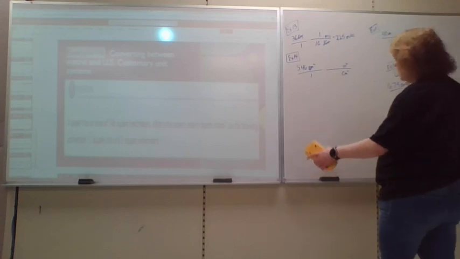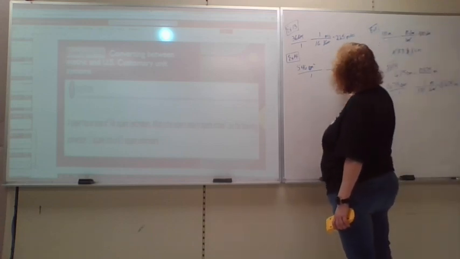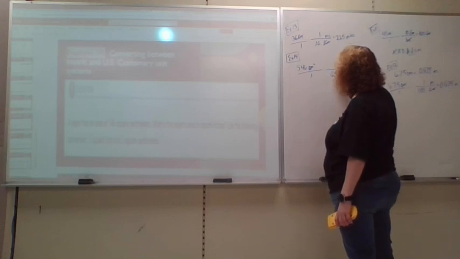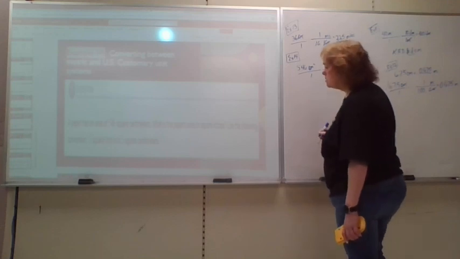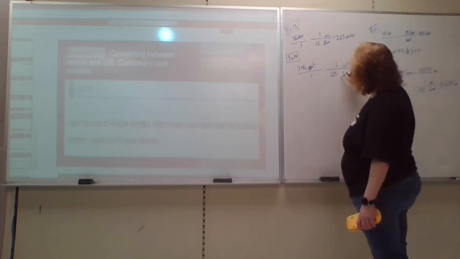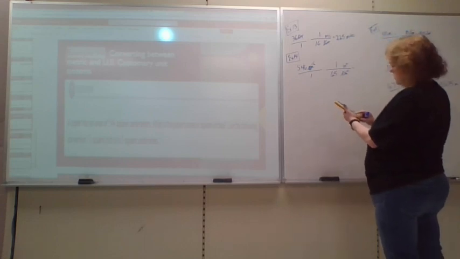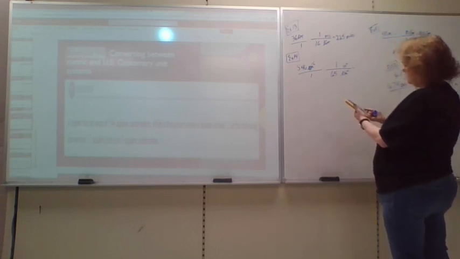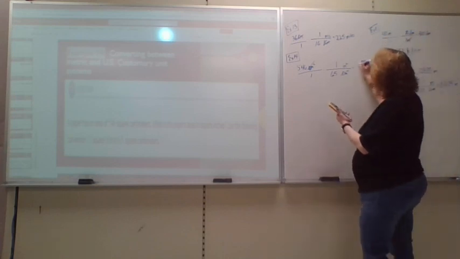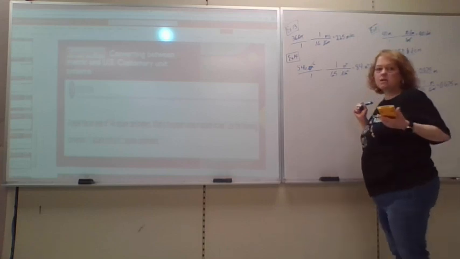It says that 1 inch squared is 6.5 centimeters squared, so that cancels out. And that is 546 divided by 6.5. And I got 84 inches squared. Is that what you guys got?